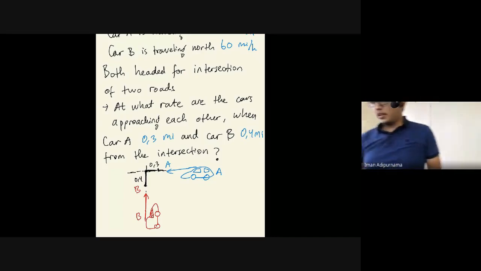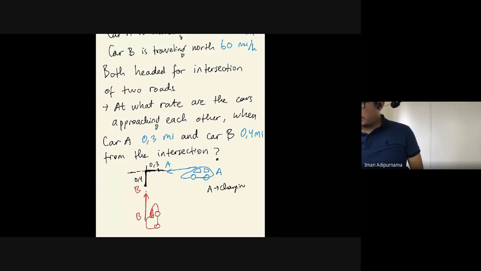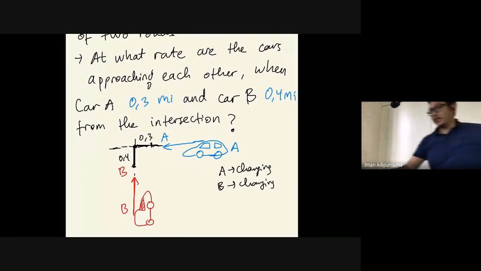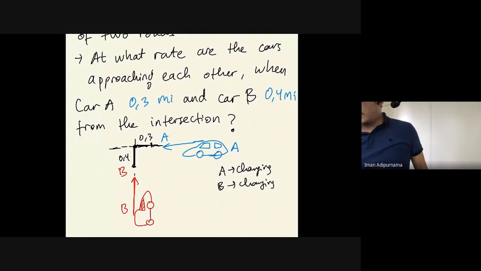When you are dealing with these two, see what's happening. A is changing, B is changing. What is also changing in between A and B is the distance between this.